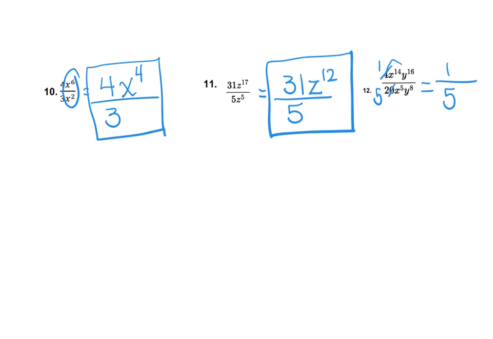So we have x to the 14th divided by x to the 5th, so we're subtracting those exponents, leaving x to the 9th, and then y to the 16th divided by y to the 8th. Again, you're subtracting the exponents. You'll have y to the 8th on the top. So our answer there is 1, x to the 9th, y to the 8th, all over 5.